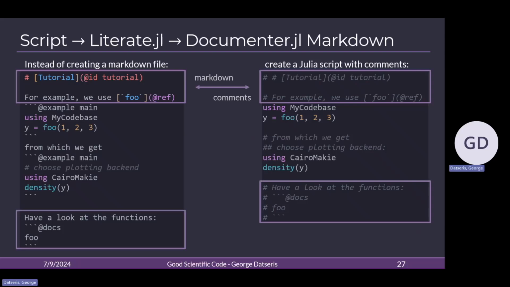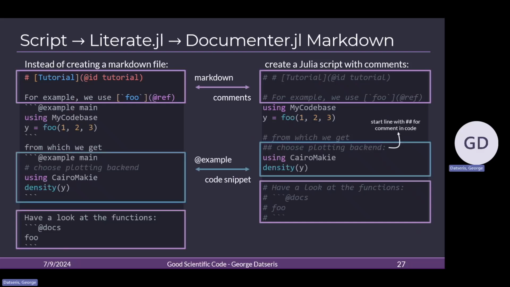Now in the Julia file, comments will become markdown, while code blocks will become @example Documenter blocks that Documenter will take. This might be a bit difficult to comprehend. I know it's a bit advanced. But in essence, I believe this is something simple. You don't write the markdown document, you actually write a Julia document that will be translated to markdown. Is this clear? If not, just ask, right?